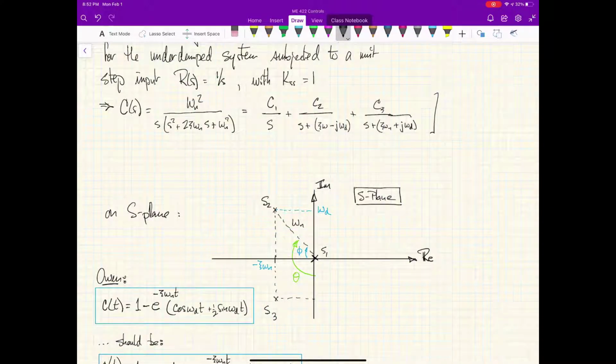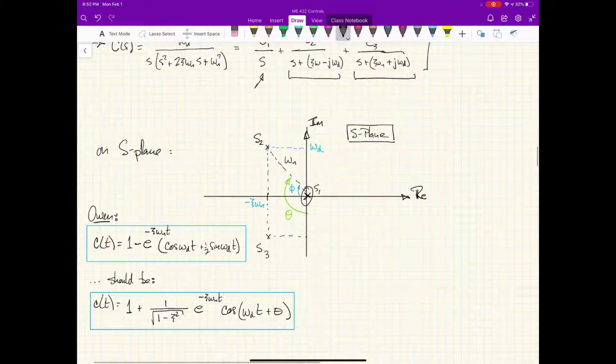roots to this system, right? One that corresponds to the step input, and that's the guy that's lying right on the origin. Okay, no problem. And two additional roots that correspond to these two guys right there, the second and third terms of the partial fraction expansion, which I'm denoting their zeros here as S2 and S3.